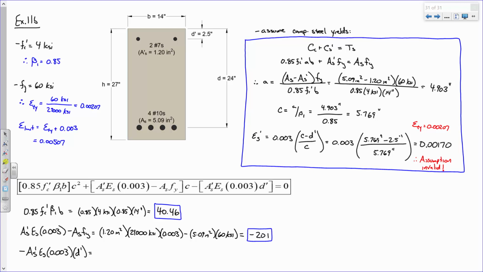And that is negative 1.20 inches squared, 29,000 ksi, 0.003. d' is 2.5 inches. And that equals what?